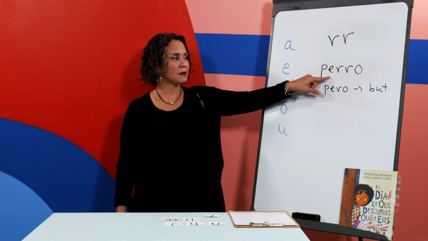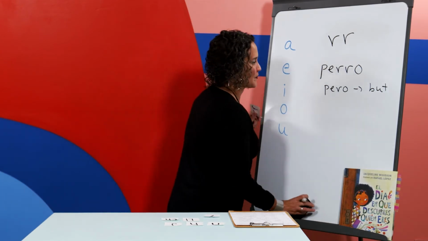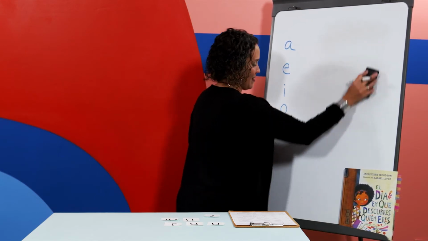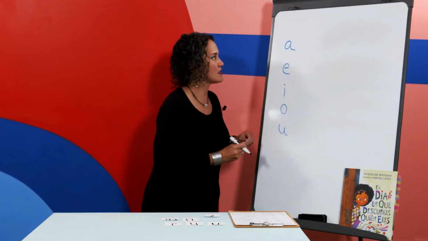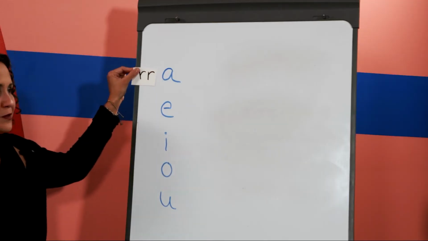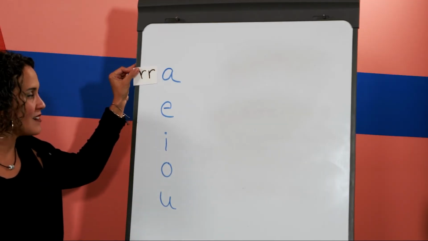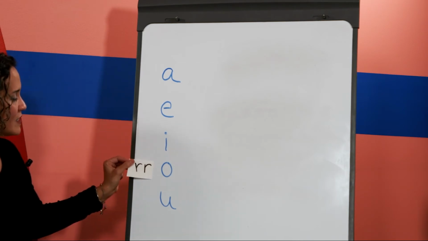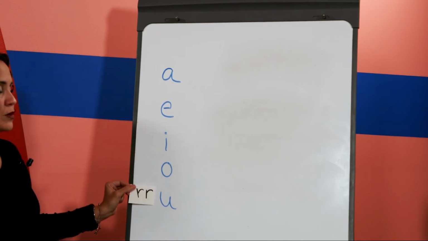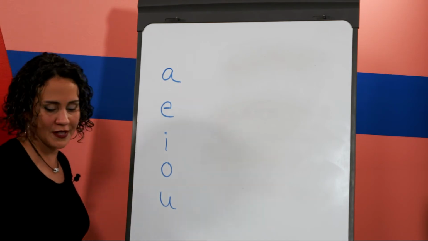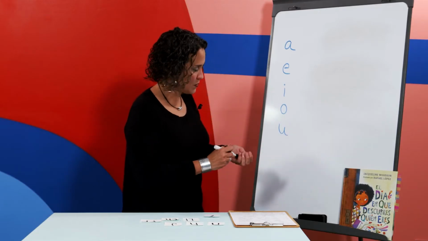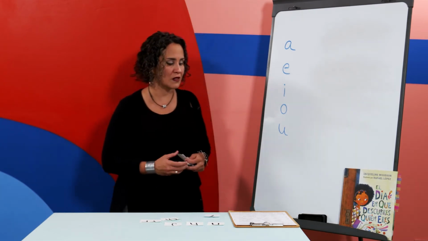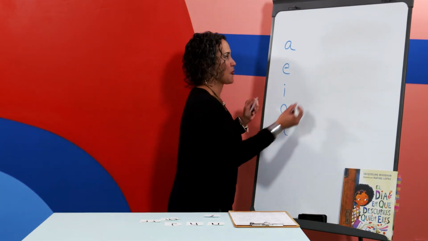Pero, perro. Good job. Let's try this. You ready to roar with me? Ra, re, ri, ro, ru. Perfect. Now, one more, and then we're going to practice all of this with real sentences.